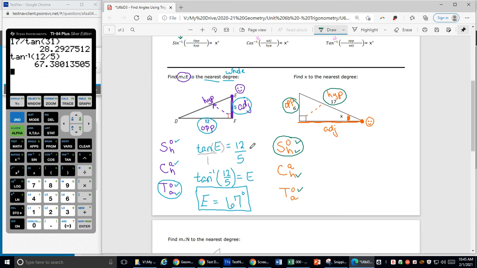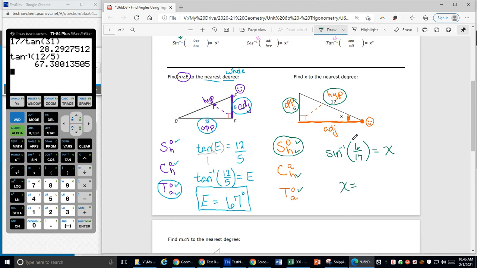So I know I'm going to be using sine. Normally I would set this up, but since I know I'm looking for the angle, I'm going to go straight to using the inverse. The inverse sine of the ratio, opposite over hypotenuse. My opposite is 6 over the hypotenuse, 17, is going to give me the value for X.